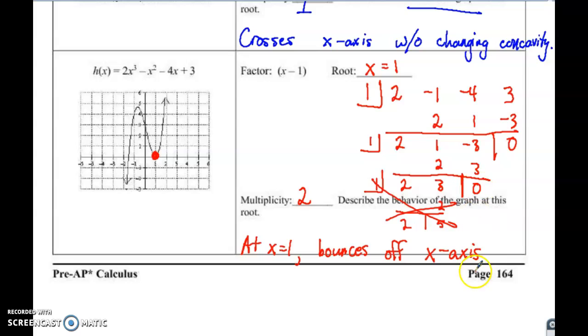But we're just going to leave it as bounces off or just touches. I had one student say kisses the x-axis, but you don't have to use that phrase here. And that should make sense because there's only one other 0 here, and it's right here. And remember, the sum of the multiplicities has to equal 3. Well, this has a multiplicity of 1. This has to have a multiplicity of 2 to add to be 3.